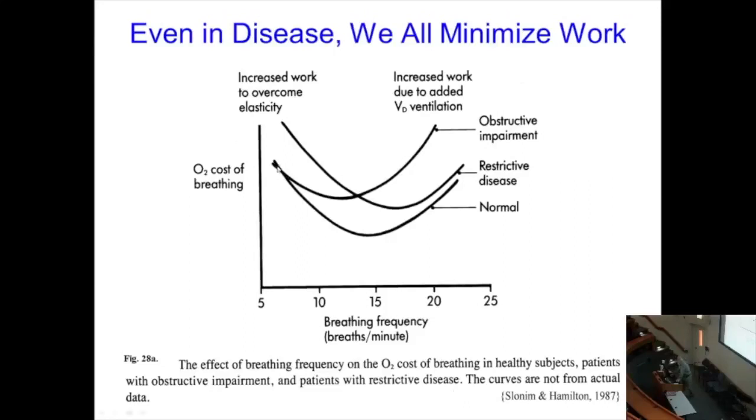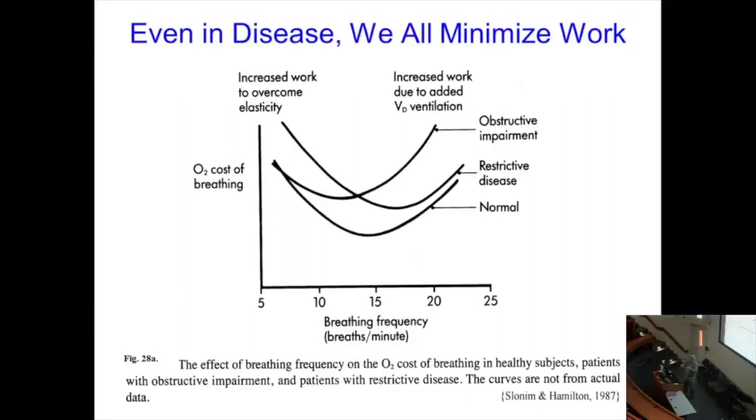So this is our normal work of breathing for different breathing patterns. If we have restrictive disease like pulmonary fibrosis, it's hard to inflate the lungs because there's extra tissue growing within the lung parenchyma, and with a maximal inspiratory effort, we can't achieve the same total lung capacity of a normal person.